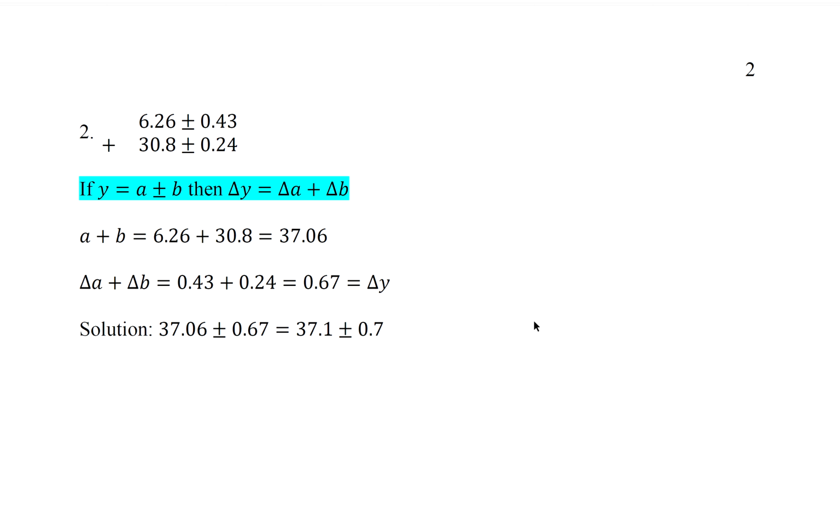Now you could do question 2 on your own since you're adding uncertainties. And see that the uncertainty 0.67 is going to be rounded to 0.7.